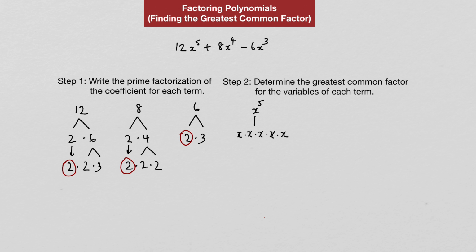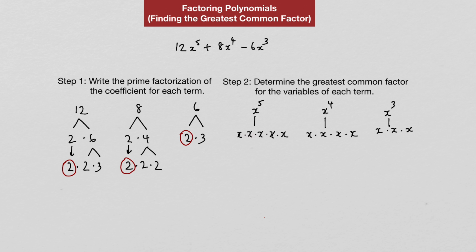And then for the next variable, which is x to the fourth, that breaks down into x times x times x times x, 4 x's. And then lastly, we have x cubed, and that breaks down to x times x times x.